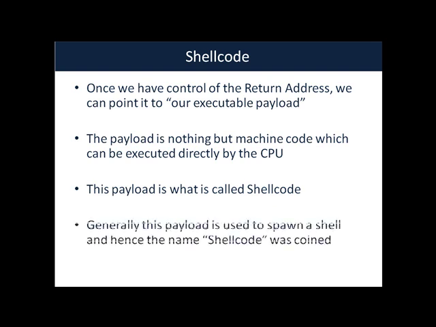The word shellcode was coined because initially this was almost always used to spawn a shell after the buffer overflow attack succeeded. So how do we go about writing this shellcode or the machine code which we can use? In this video we will concentrate simply on how shellcode can be written, with a very simple example.